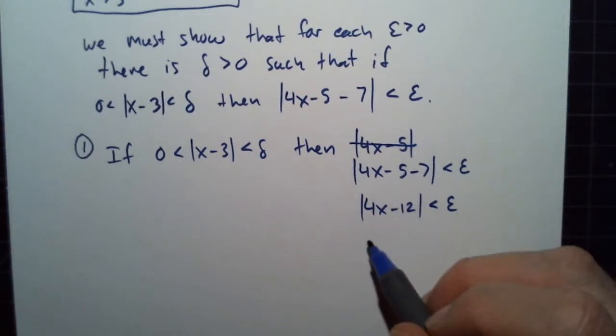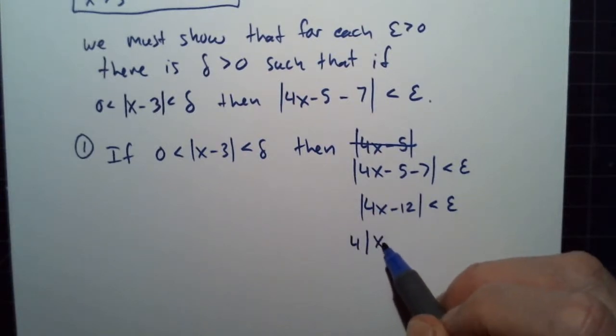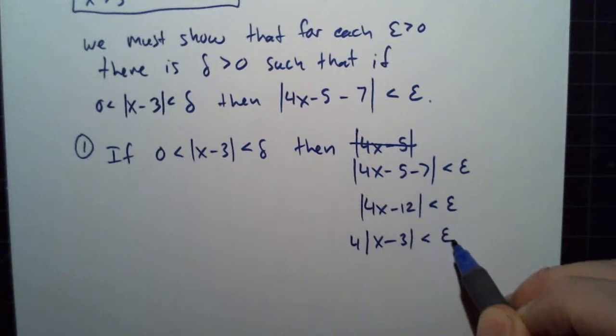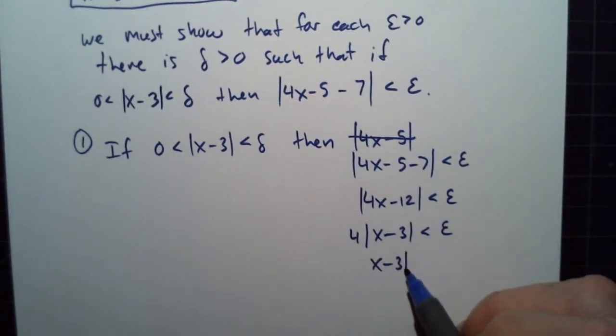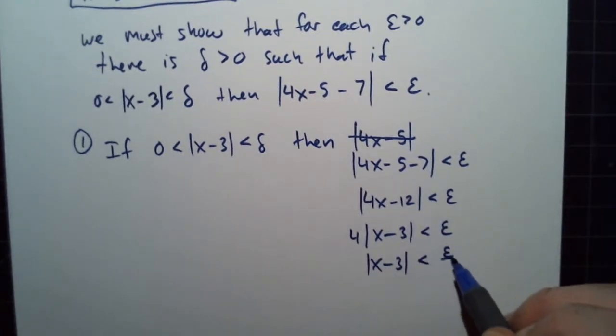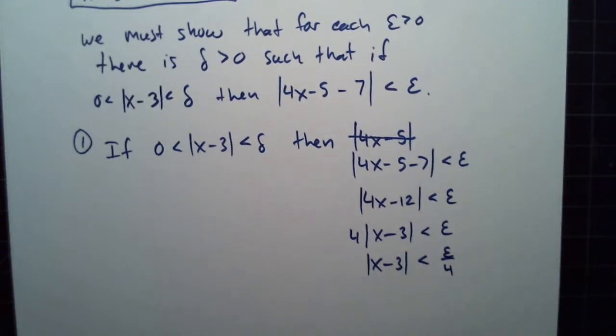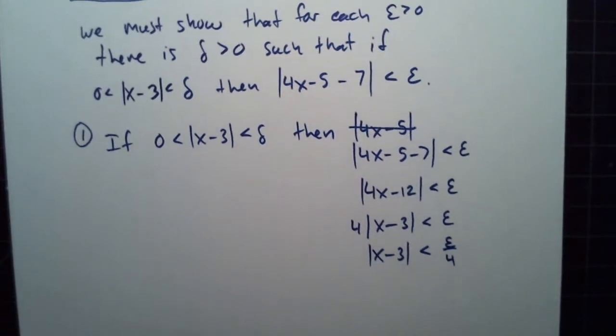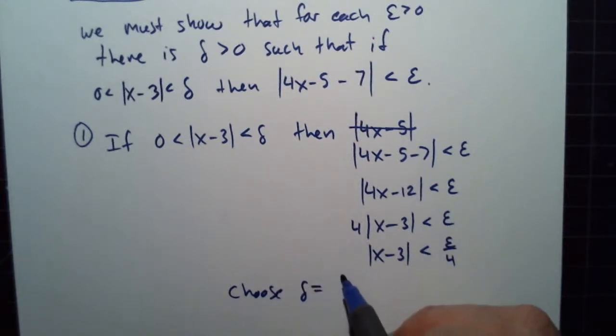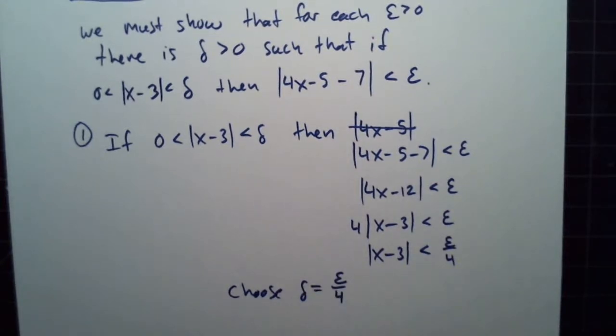And we can take a 4 out: 4|x - 3|. And now we have epsilon over 4. All right, and so this tells us that we want to choose delta equal to epsilon over 4.